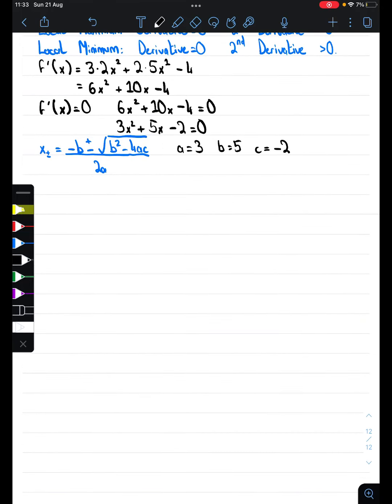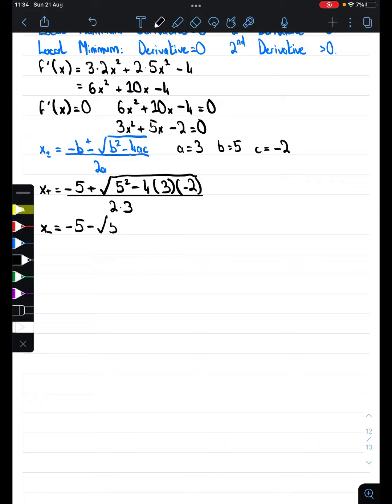So if we plug this in, our x plus is equal to minus 5 plus the square root of 5 squared minus 4 times 3 times minus 2, all over 2 by a, 2 by 3, and our x minus equals, again, minus 5 minus the square root of 5 squared minus 4 by 3 by minus 2, all over 2 by 3.